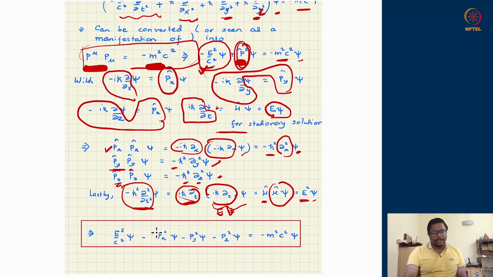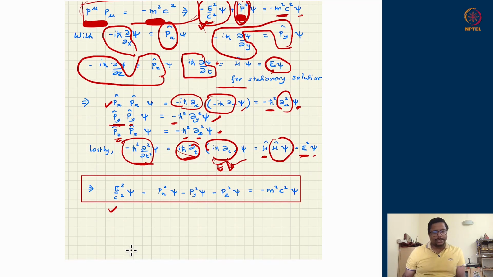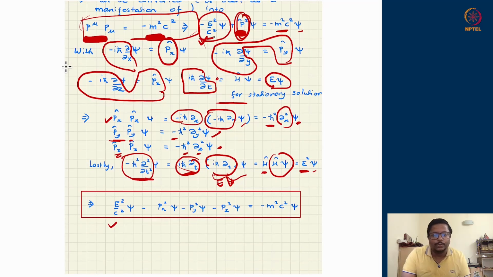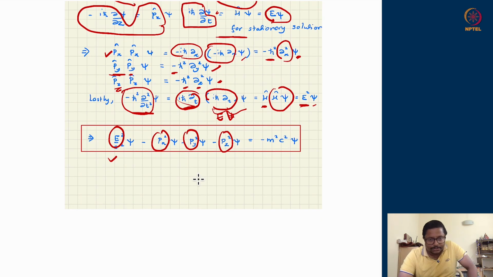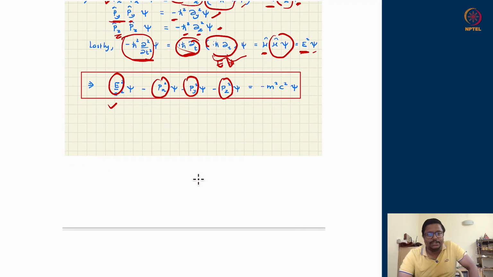So ultimately the invariant equation, which was minus e square upon c square psi plus all the spatial derivatives px square, py square, pz square psi is equal to minus m square c square psi. So whatever we had as an invariant equation in temporal derivatives, spatial derivatives can be converted into respective operators with e replacing the temporal derivative and spatial derivatives being replaced by the p operators. So that is another manifestation of writing the quantum operator in the relativistic regime.